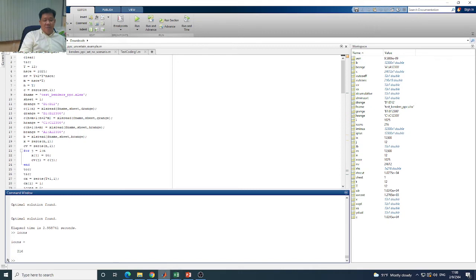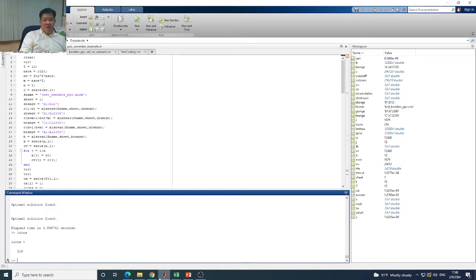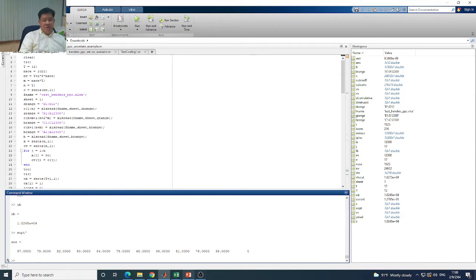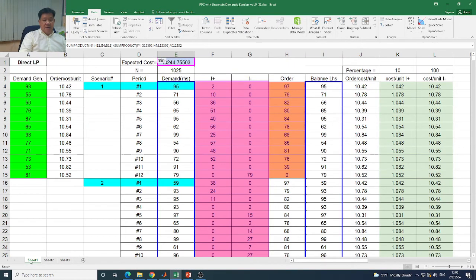So if you go back to the Excel, based on the same initial solution, you need to add 216 cuts before the solution converges. And I showed you last time that the upper bound value reaches the same value, and the optimal solution X transpose is the same as what you get when you solve using the open solver here. Actually this is the solution.